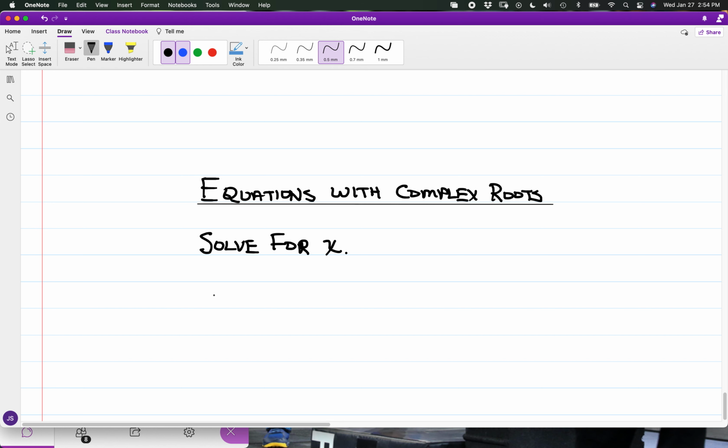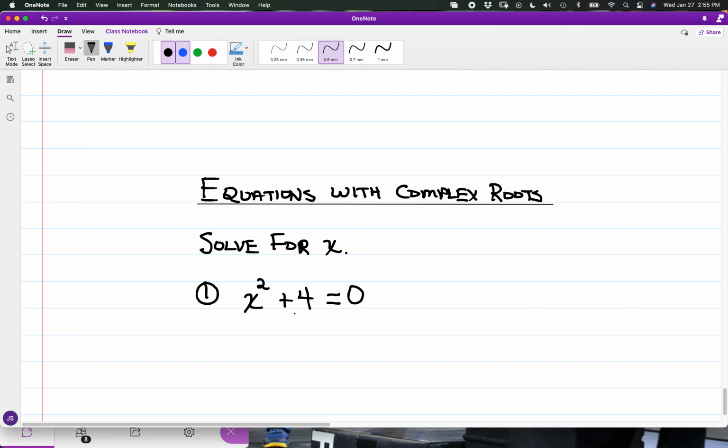And these techniques will also roll over into this type of equation, where we have complex roots involved. Let's say we have an equation, x squared plus 4 is equal to 0.